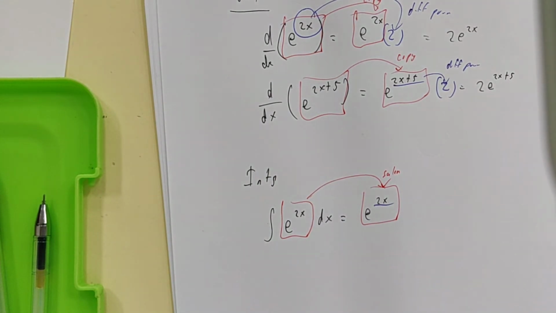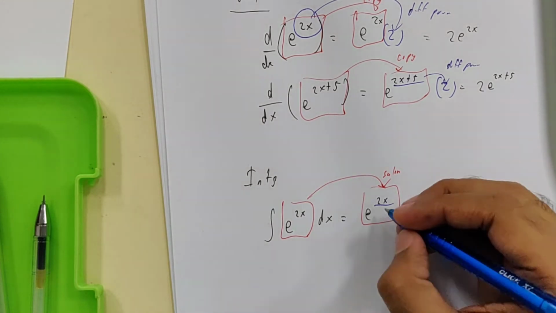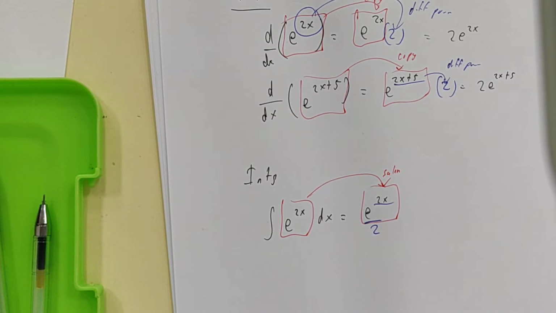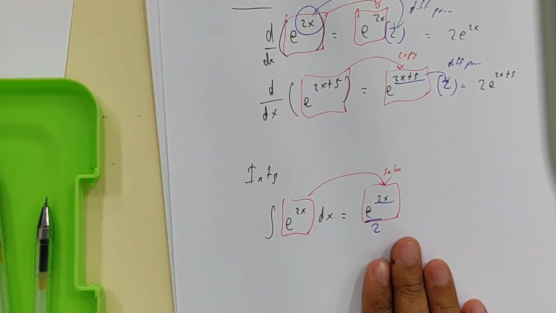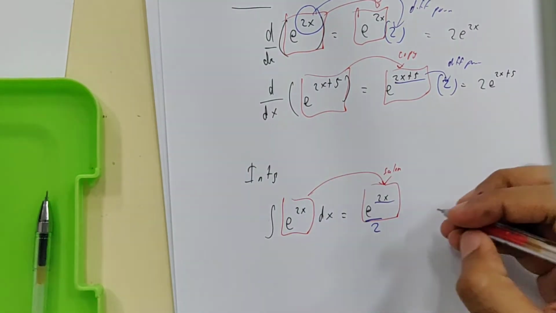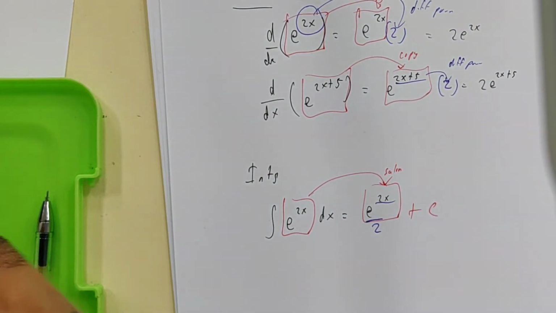Where should you put the 2? Times or divide? Why divide? Differentiate times, yes. Integrate divide boleh, saya terima. Ataupun integrate divide. Are you okay with these answers? Ada satu kesilapan. Plus C. What happens if you don't plus C? Minus 1 marks. Be careful.